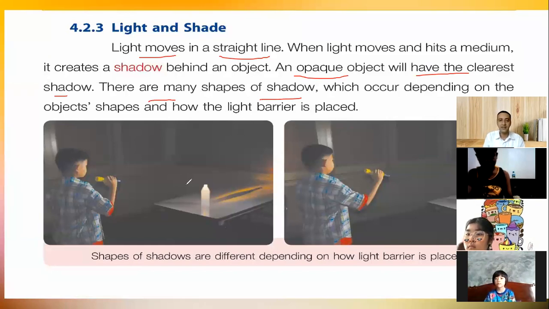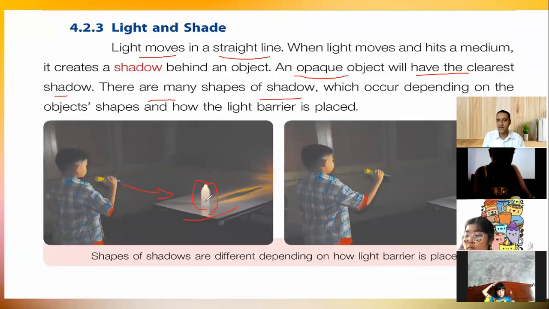For example, you can see here in the photograph. Here we're having an object which is placed in front of the light. The light is being released from the flashlight. From the flashlight, the light moves in a straight line.